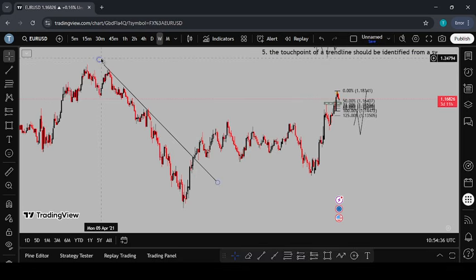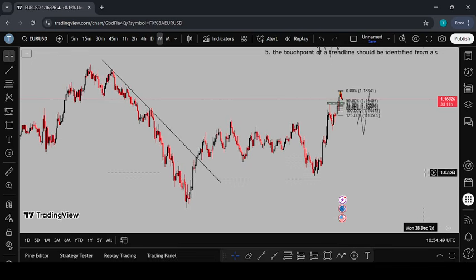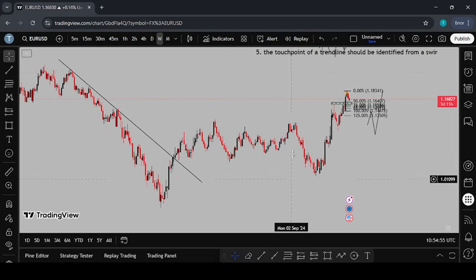The market has been bearish on this pair for years, then ranged for years, and now the market is in an uptrend. That's how the market moves through three structures: the uptrend, the downtrend, and the ranging market.